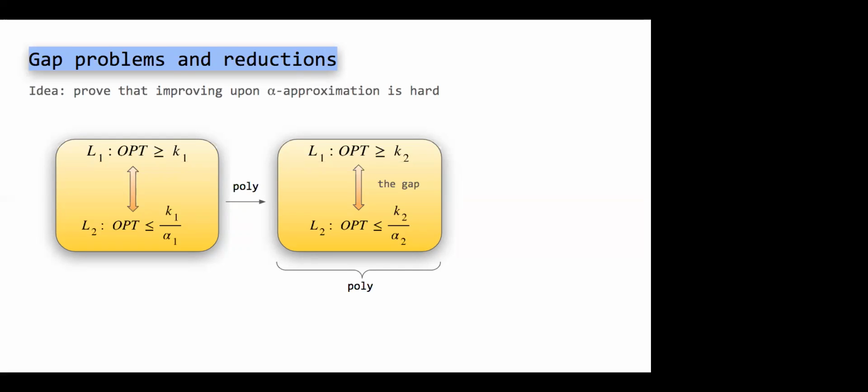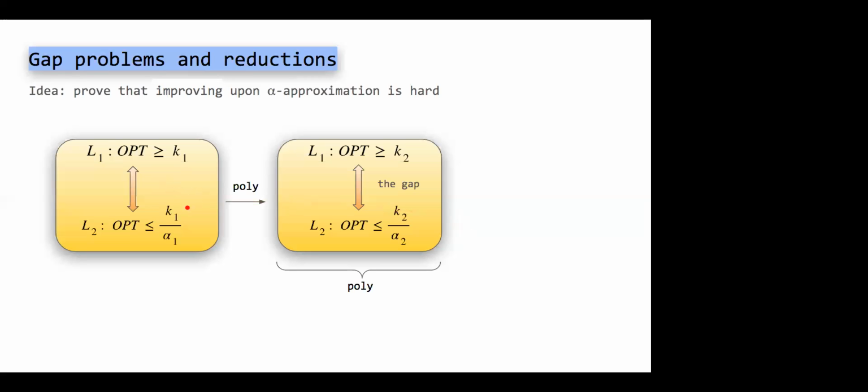In a polynomial time regime, we want such a reduction to work in polynomial time, and also to produce a new instance of a potentially different problem and potentially different gap, also of polynomial size. So the gap can vary in this reduction.